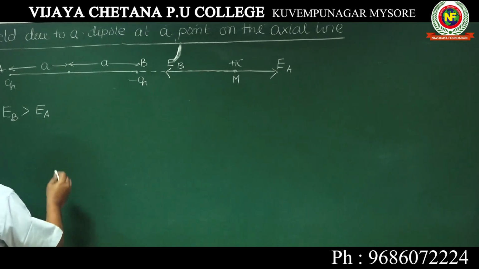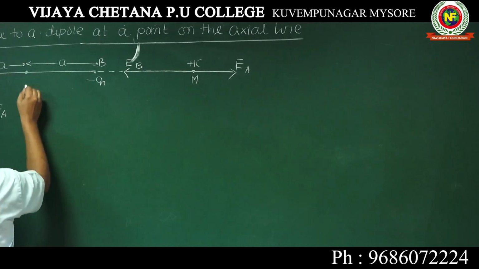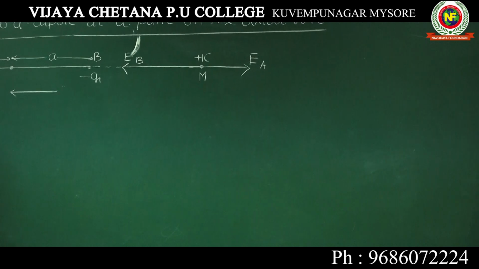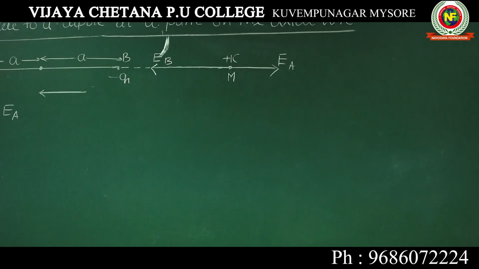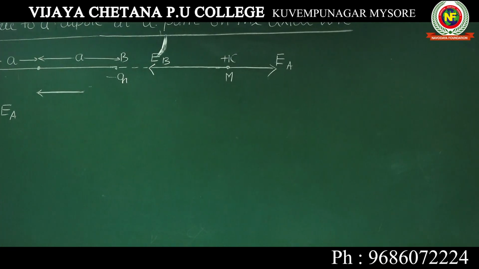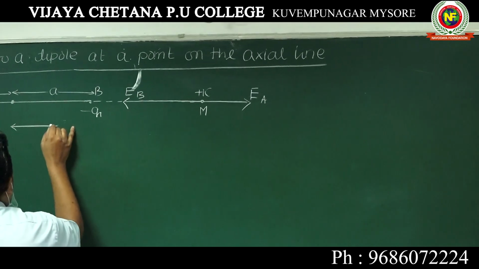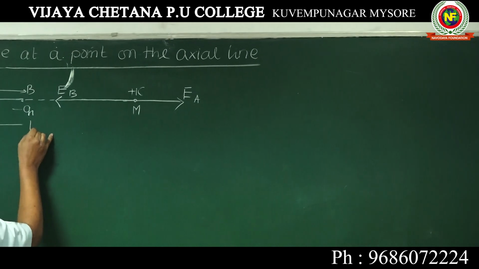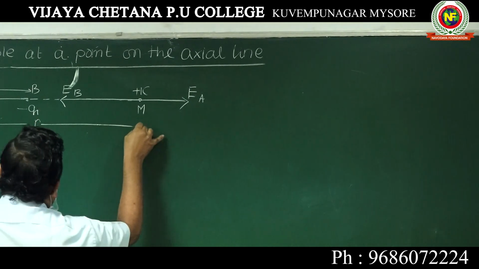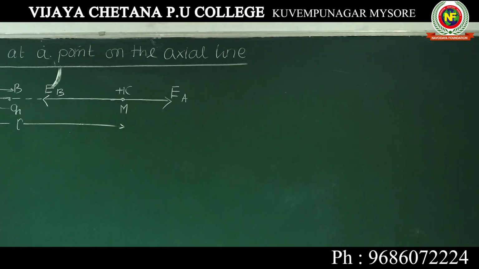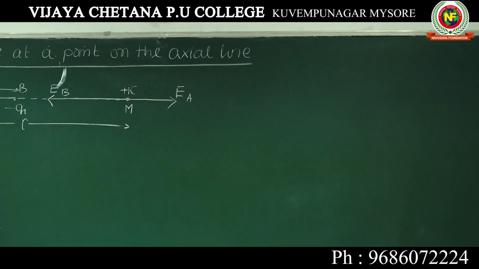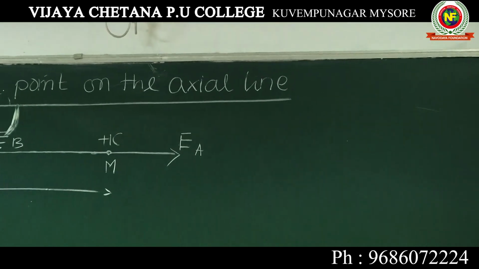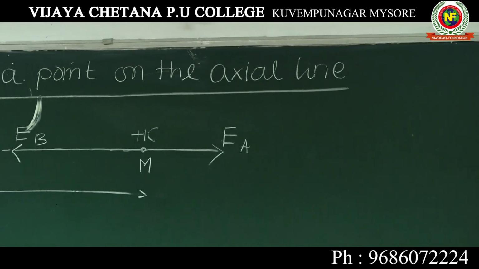Now let us find that out. I have told you the convention: all the distances that we are measuring in the case of a dipole should all be measured from the center of the dipole. Therefore, from the center of the dipole to the point, let the distance of separation be equal to some r. I will now write the expression for electric intensity due to the charge at A. Try to understand this.